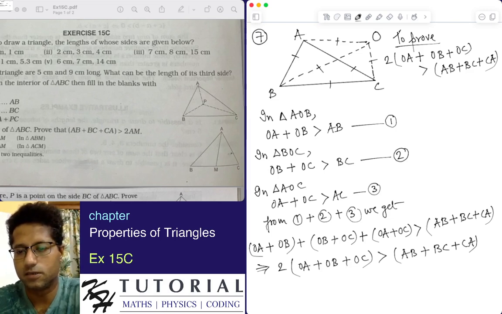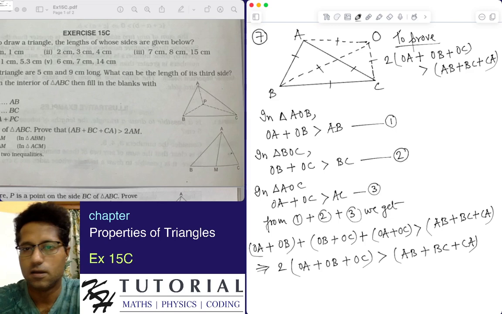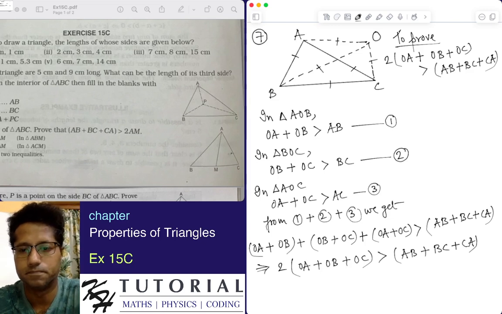While applying this triangle inequality, you have to wisely choose which two sides, and which third side, so that it will lead towards the solution. That is the main task in solving this kind of problems based on triangle inequality.